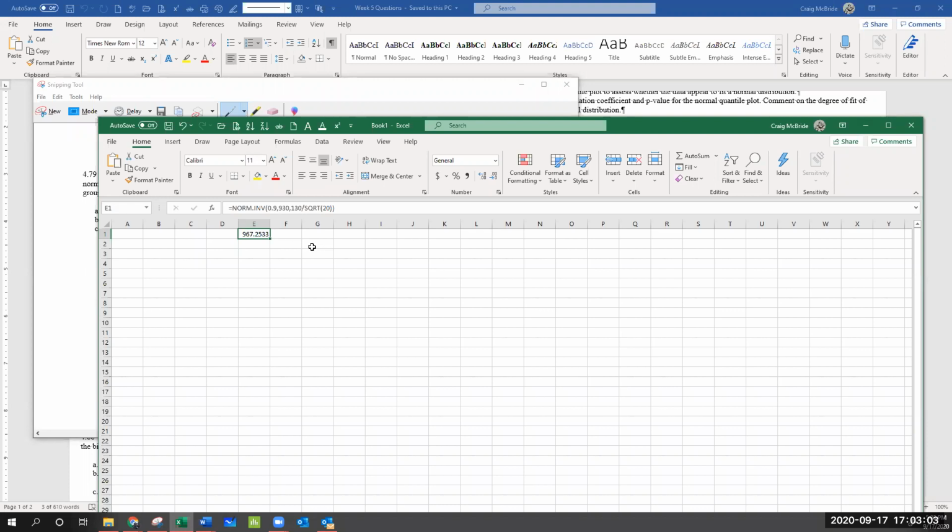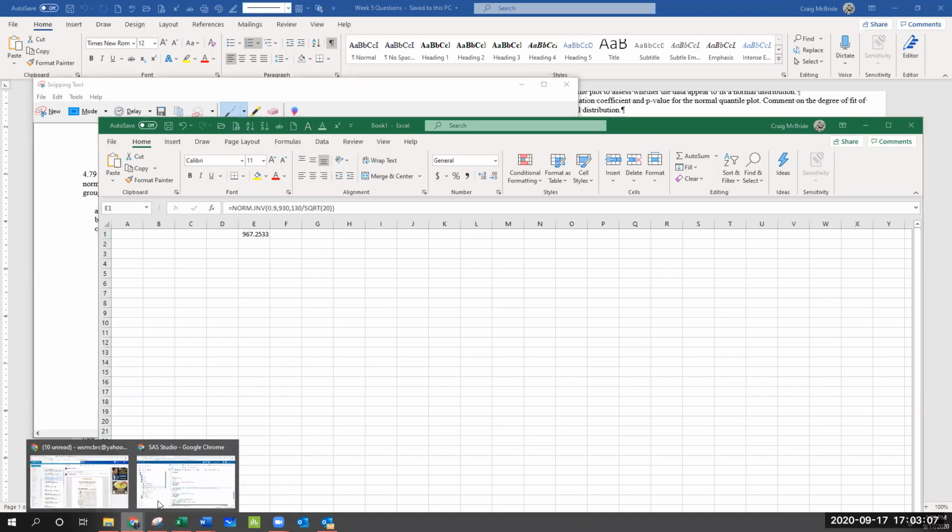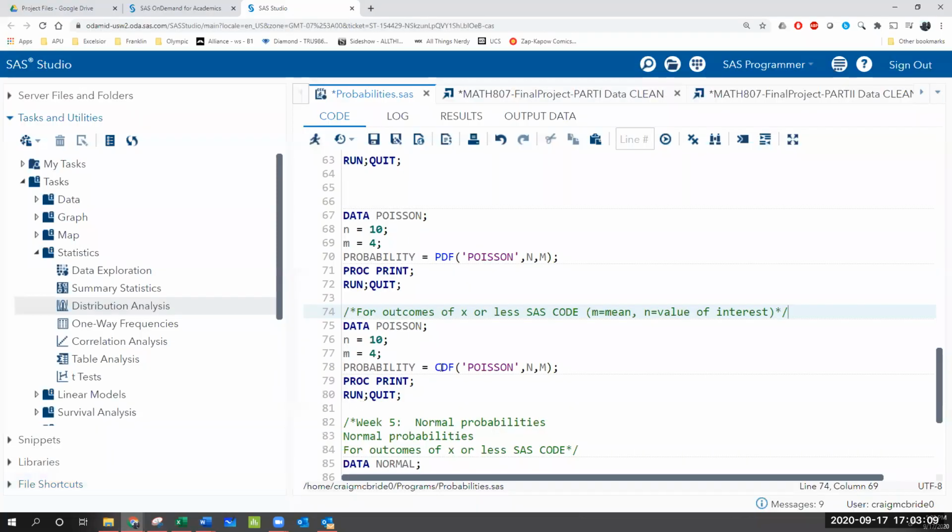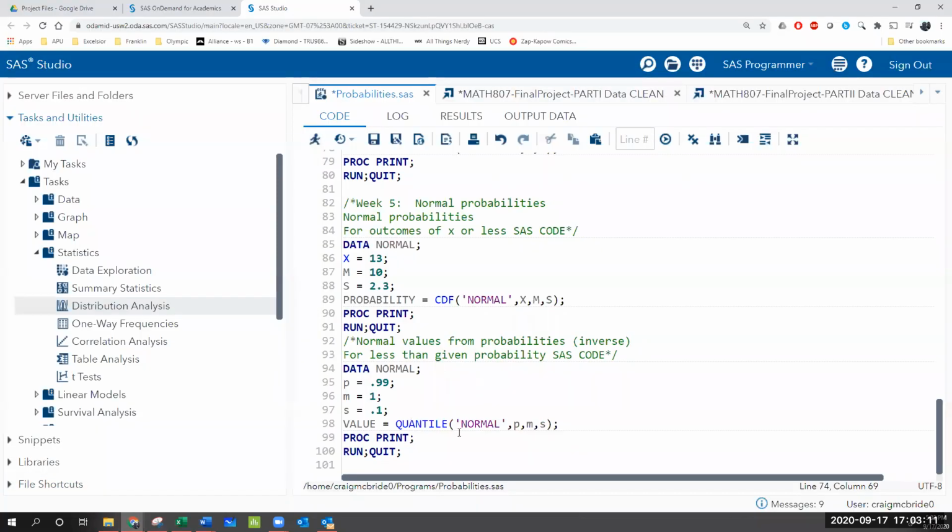It's a beautiful thing, and SAS does the same thing. If we were going to do this in SAS, we would use the quantile function. If we want the 90th percentile, we want 0.9, and we set the mean to 930. Then the standard deviation we set to 130 divided by the square root of 20.